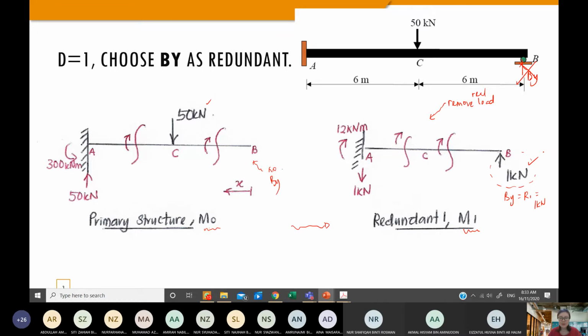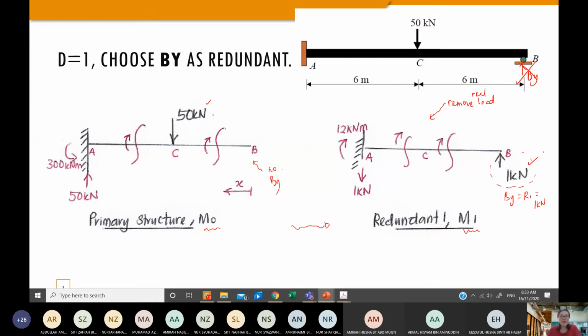Can you draw your M0 and M1 for this case? Yes. If you need me to explain again, you just need to let me know.